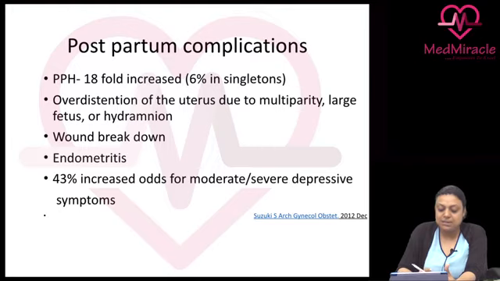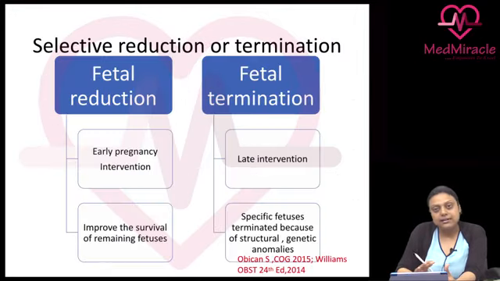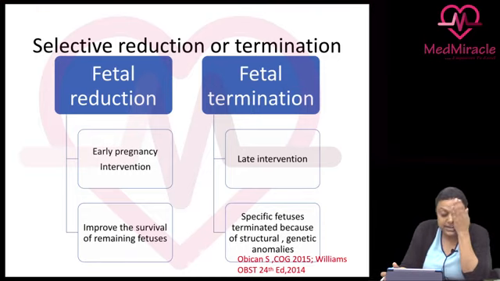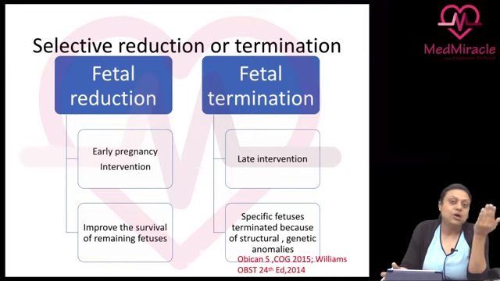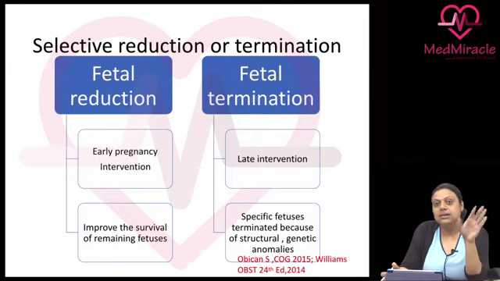Postpartum complications, PPH, wound breakdown and other complications of the puerperium that we have discussed are still there in twin pregnancy. Now there is something called selective fetal reduction and termination. Selective fetal reduction is nowadays a common procedure because of ART. The number of embryos that are transferred or implanted into the uterus will determine how many embryos actually end up with live pregnancies.